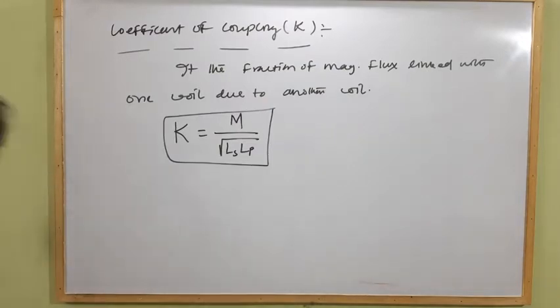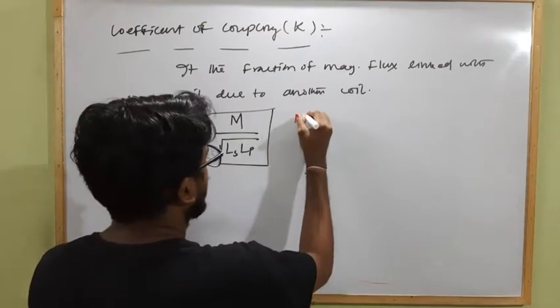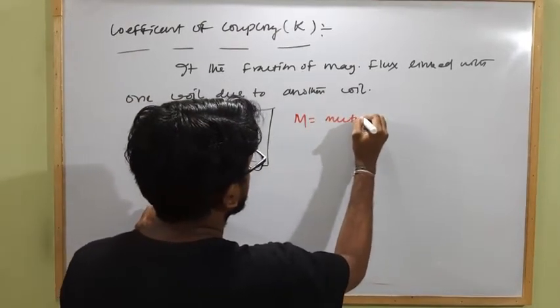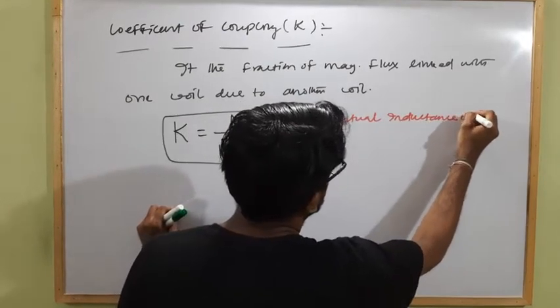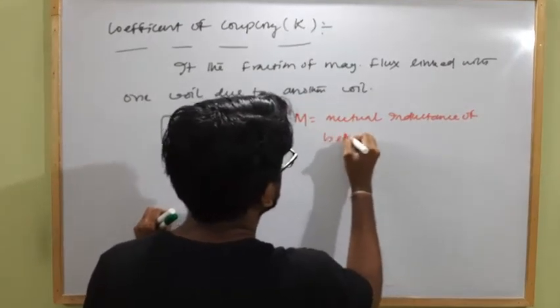Clear? What is M? M equal to the mutual inductance of both coils.